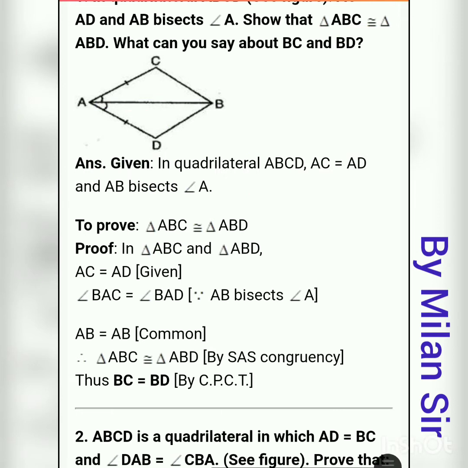Okay, so you can write triangle ABC is congruent to triangle ABD by the side angle side congruency criterion.